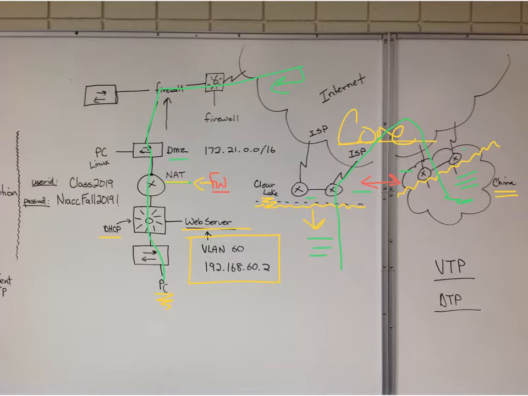The NAT seems to be working. So to finish up the project, we need to add the web server, and then we can take one of these PCs, I gave a way to log in, and we'll be able to check, let's use another color, to see if you have access in to the web server.